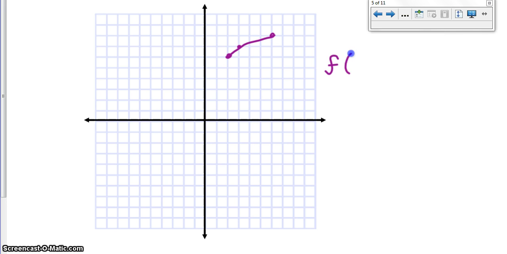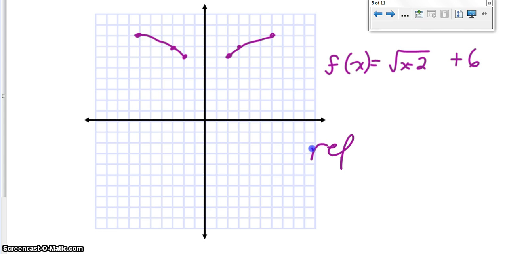So f of x is equal to the square root of x minus 2, and then put a plus 6, and then I restricted the domain. But what if Mrs. Rose wanted to put it here? What if Mrs. Rose wanted to reflect it over the y? Well, here's your hint.